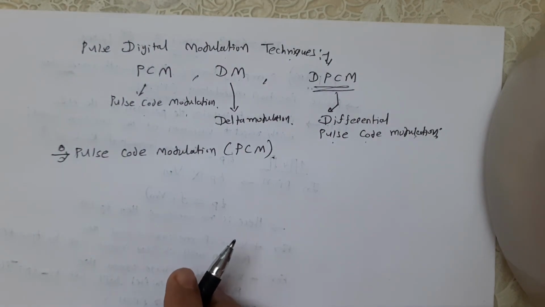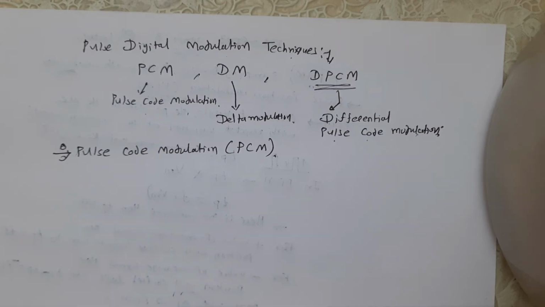The fundamental and most important pulse digital modulation technique is pulse code modulation. This technique is the breakthrough for moving from analog to digital communication. PCM is essentially the result of the thought process to represent the message signal in digital form rather than the original analog form.